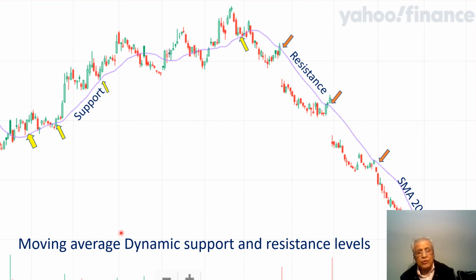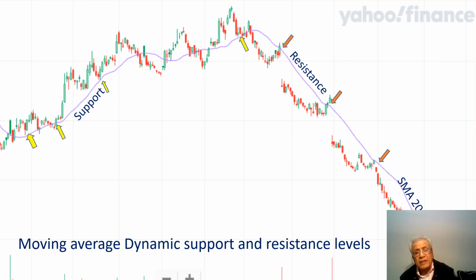This graph shows moving average dynamic support and resistance levels. I installed the SMA 20 in this graph, and the price trend here is above SMA 20. So the moving average is considered a support area, and here the price is below the moving average, so it is considered a resistance area.